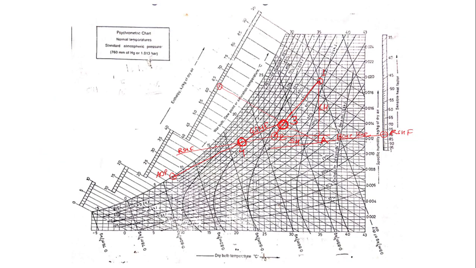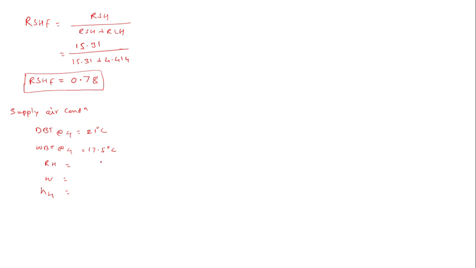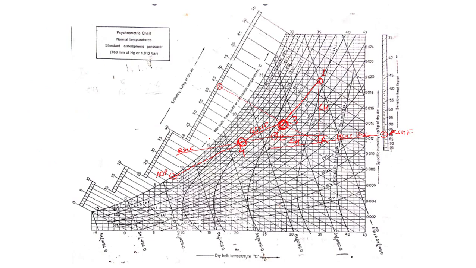So here the RH is about 72.5%, and the W value is about 0.0108. And the enthalpy for point number 4 is about 50.